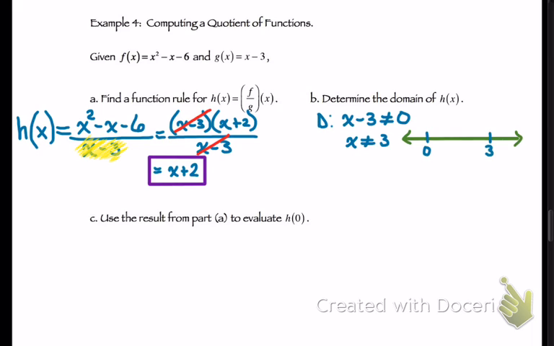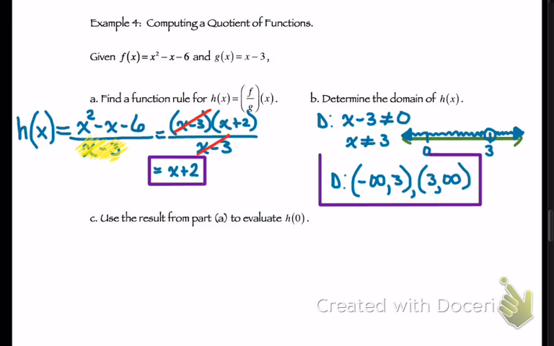So think about what that looks like on the number line. Write your interval notation, and voila, there's your answer. So that is the tricky part about doing division, understanding that your denominator cannot equal 0.